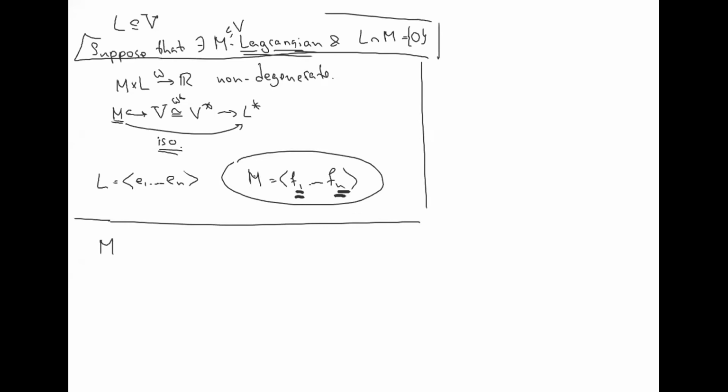So take any M which is isotropic and whose intersection with L is 0.